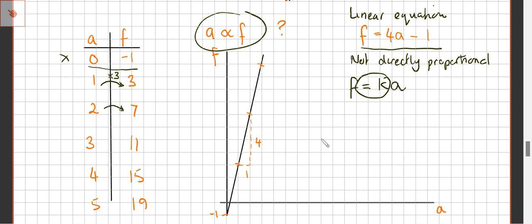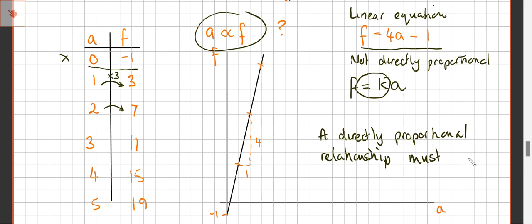So, we should write this. I know you've already got it on your paper, but we should write it. A directly proportional relationship must have 0, 0 in the table.